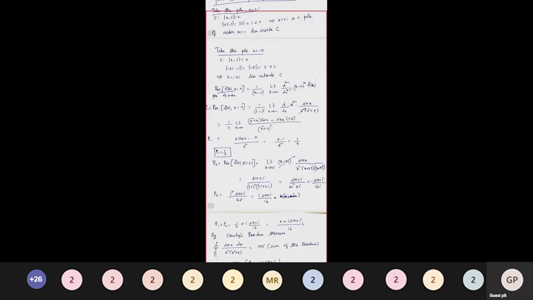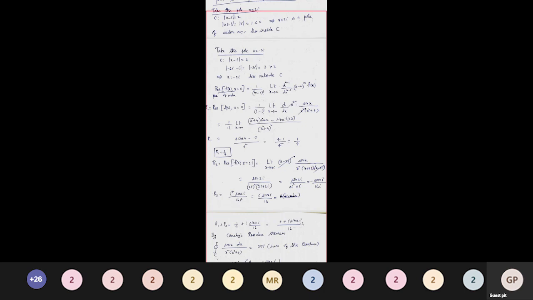Let us find the second residue, r suffix 2. That is, we are going to find the residue for the pole x equals 2i of order 1. The same formula: the a value is 2i, the m value is 1. So the residue formula becomes limit x approaches 2i, x minus 2i into sin x divided by x square plus 4. Now you factorize x square plus 4 using the two poles, x plus 2i and x minus 2i.